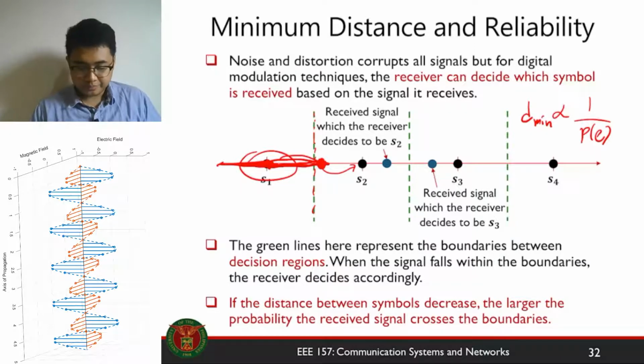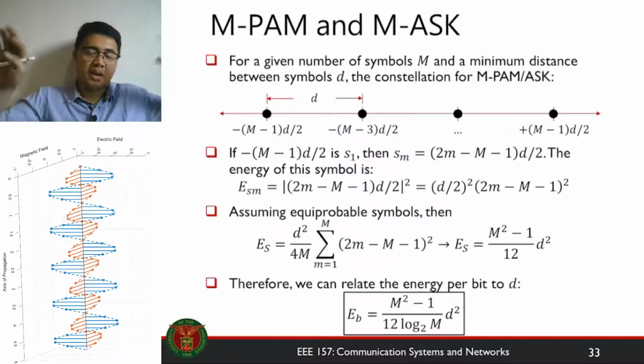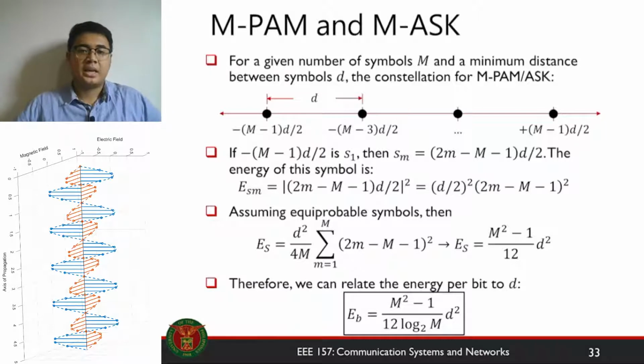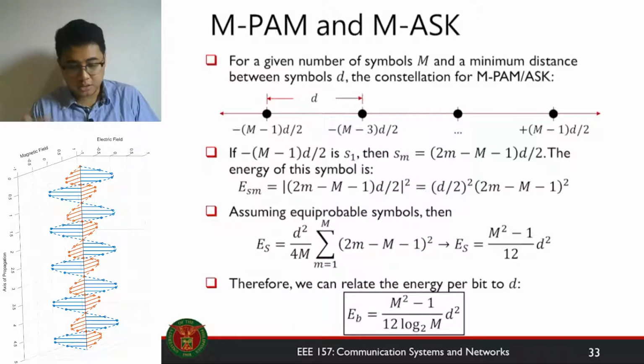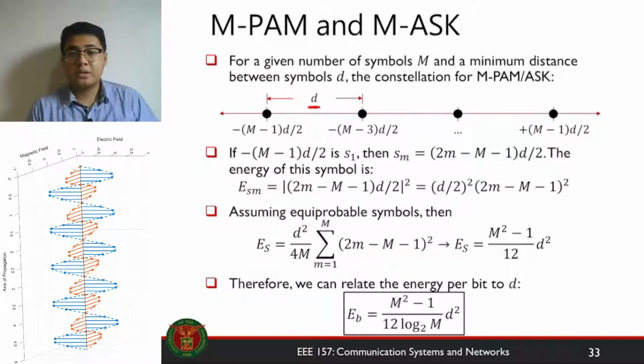Okay? So let's compute the minimum distance of your example modulation techniques, the MPAM, MASK, PSK, and QAM. Okay? So given the constellation of MPAM, let's say you have M symbols. Okay? Let's say the distance between them is D, the minimum distance.